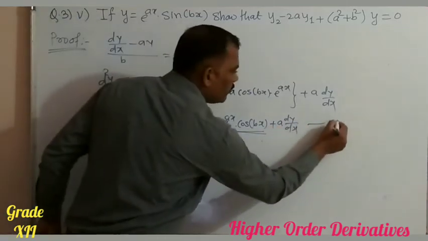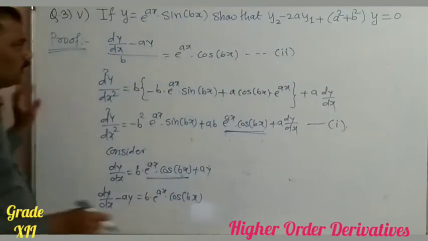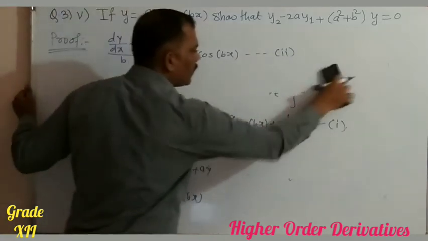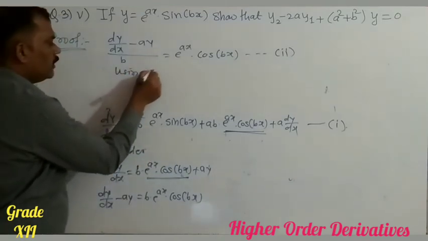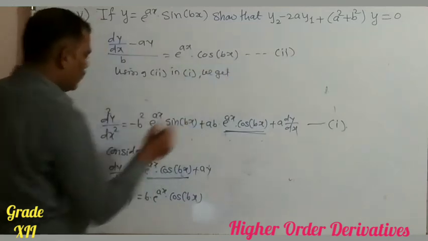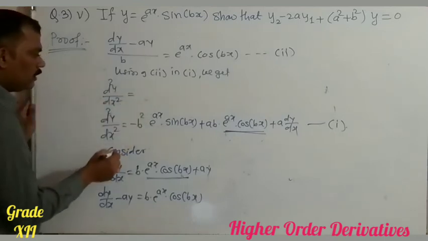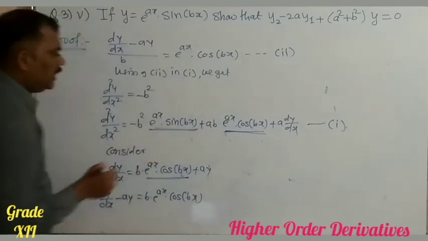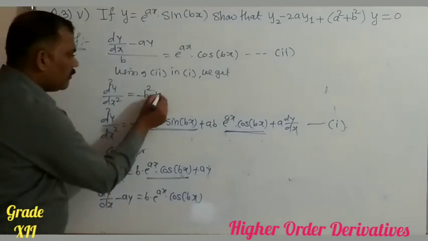Suppose we give this number as a, and for the other, suppose we give it as second. So we have to use 2 in 1. Using 2 in 1, we get d2y by dx square is equal to minus b square times e raised to x into sin of x, and e raised to x into sin of x is nothing but y, so minus b square y.